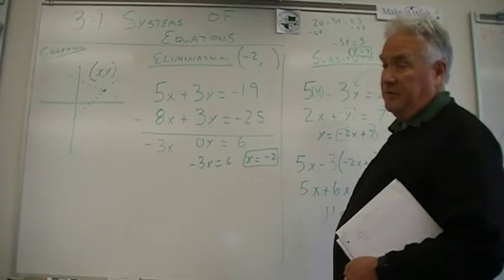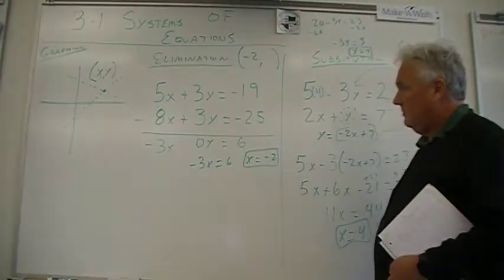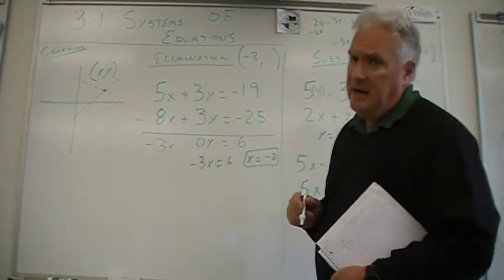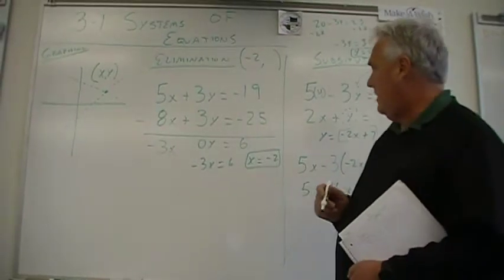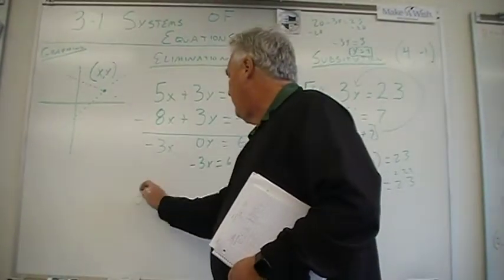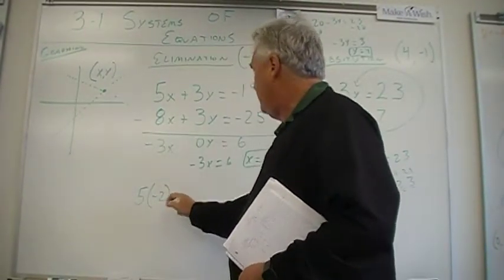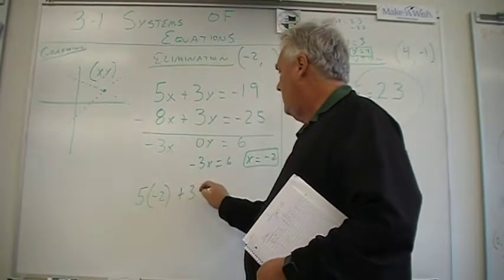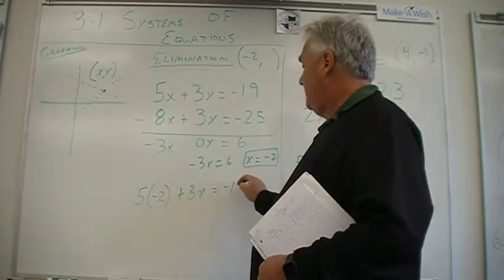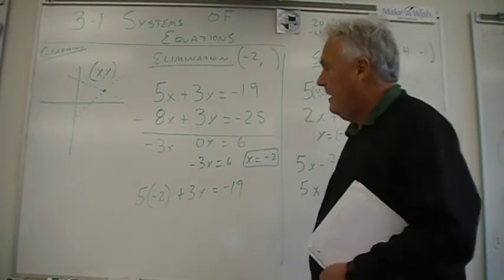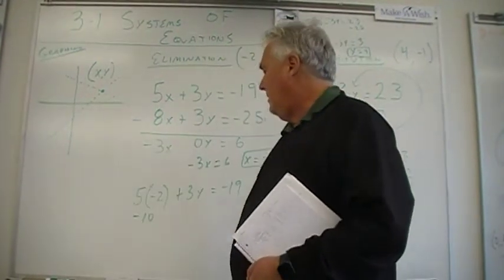So negative 2 is our x. Substitute it back in, and let's get our answer. So 5 times negative 2 plus 3y equals negative 19. This is negative 10.